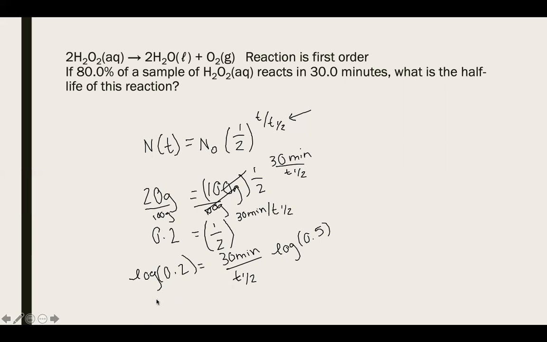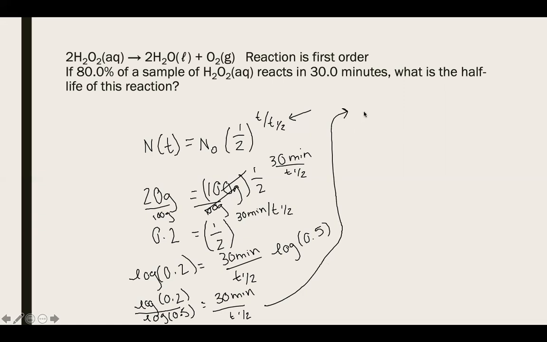And so you can just do log 0.2 divided by log 0.5 equals 30 minutes over your half-life. So once you do this, you do log of 0.2 divided by log of 0.5.